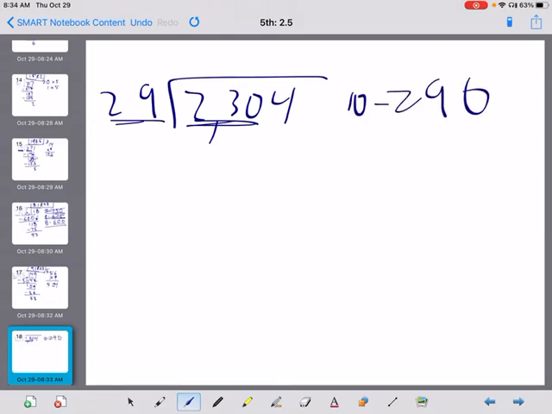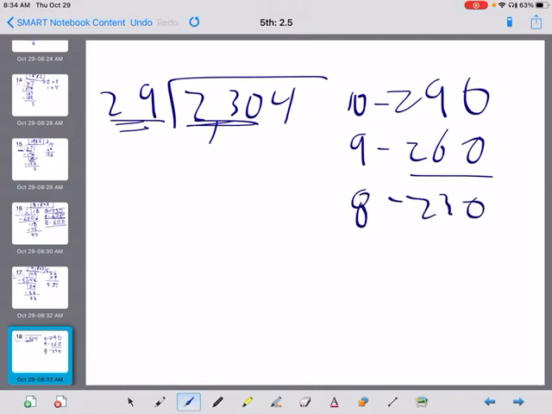And I'm going to pretend that 260 would be 9 times, because this is about 30. If I take off about 30 times, it'll give me a good estimate. Then 260 is too much, so I want 230. That's going to be 8 times. All right, I can try 8.